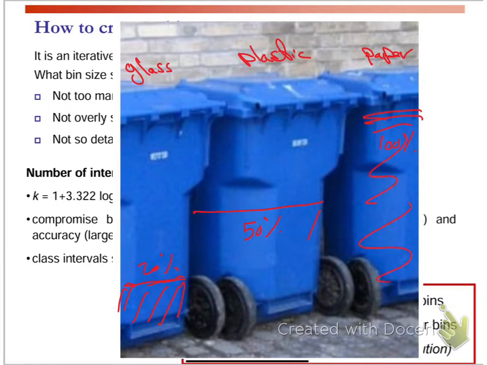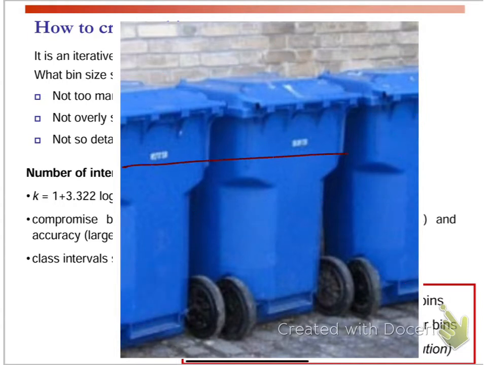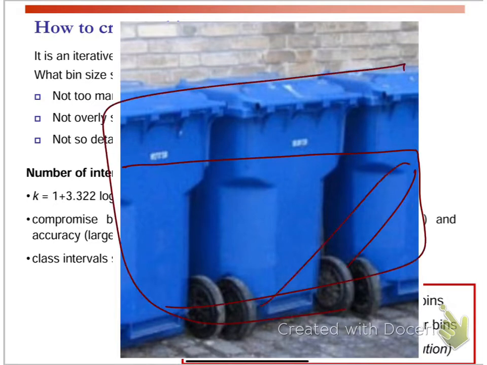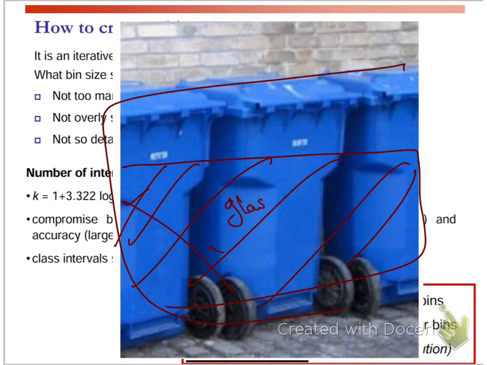So it is easy to judge. But if I have one block, where all the materials are merged together, I can only say, okay, I have up to here, it is full of glass plus plastic plus paper.